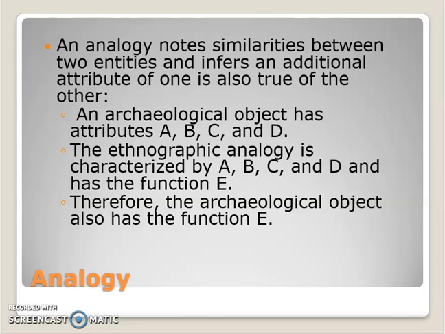And then ethnographic analogy says that, oh, here's a pot that has all these same things, the same temper, the same coloring, the same design, and the function of that is E. So the function of that is to be a corn storage pot, or the function of that is to be a chamber pot. So therefore, we know from that that the archaeological object also has the function of E. So the idea is to find a relationship between modern day form and function from the past.